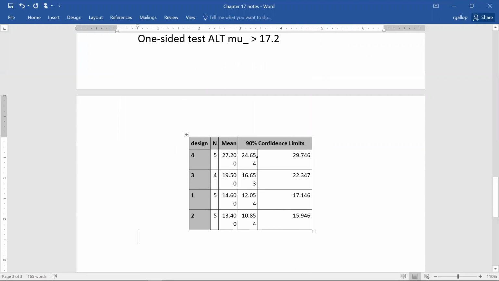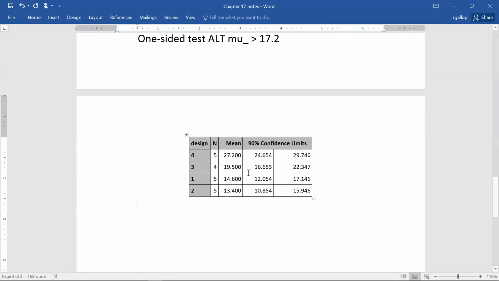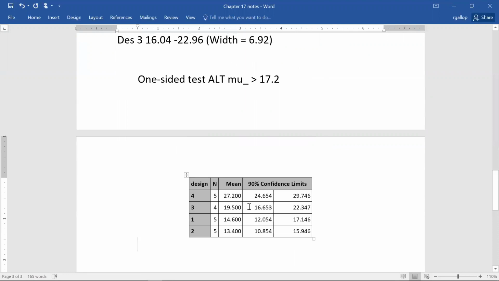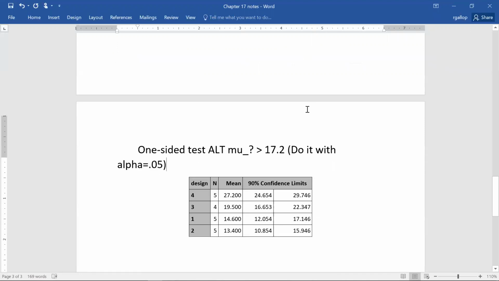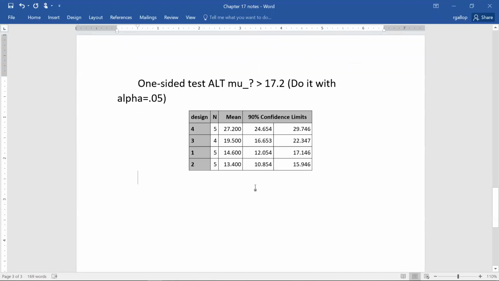All right, let's take this just a little bigger and get this over here. So there's our alternative. Again, just put a question mark for which level we're dealing with. To do this with an alpha equal to 0.05, we could do the one-sided test with a confidence interval.